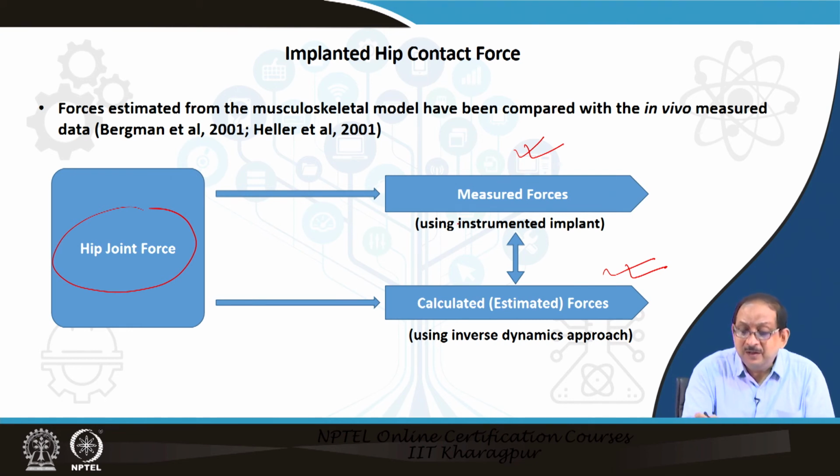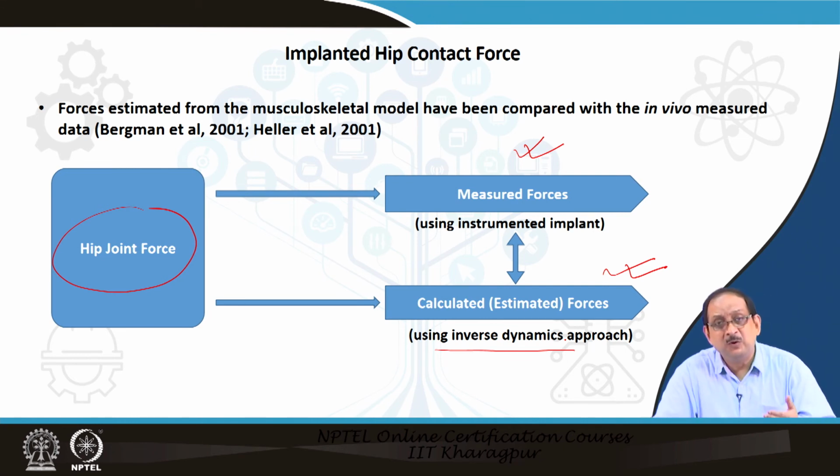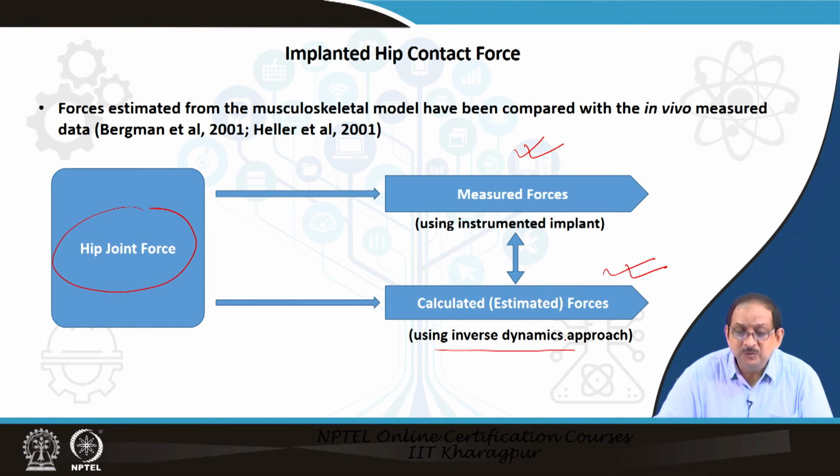The measured forces result from direct measurements using instrumented implants, and the calculated or estimated forces can be obtained using an inverse approach, which we will also discuss later in the following module in week 4.